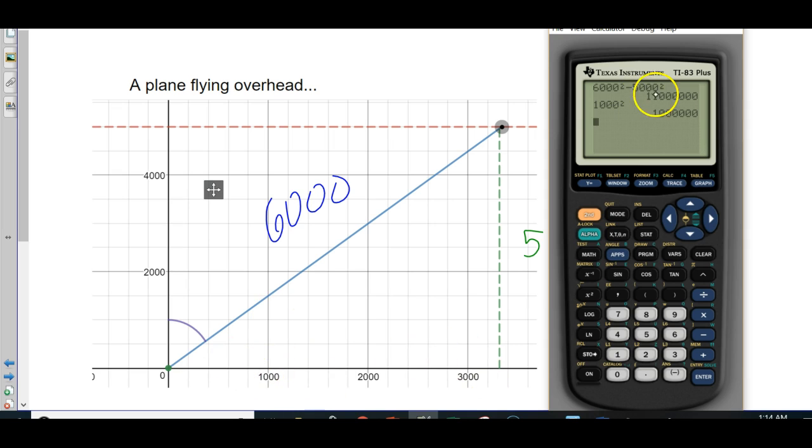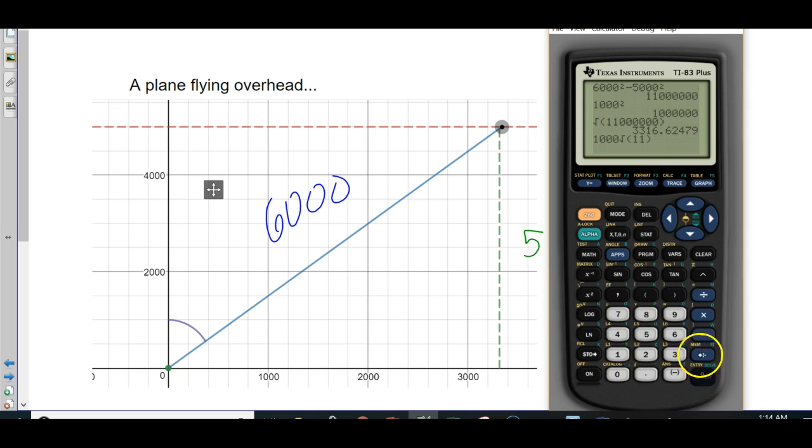So the square root of this 11 million is the length of this side, which is the number that we're looking for. I told you you could either round it to a lot of decimal places, or you can use an exact answer, which again would be 1,000 times the square root of 11 was the exact answer.